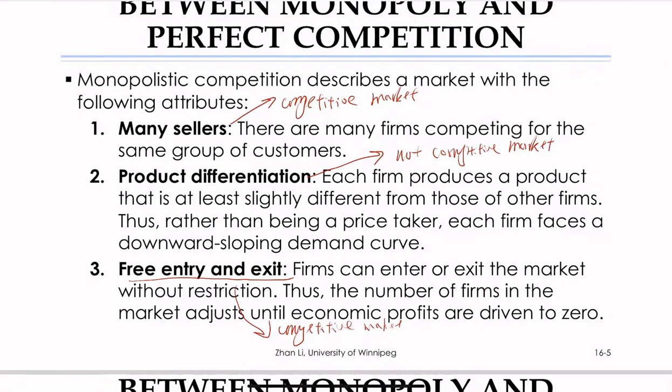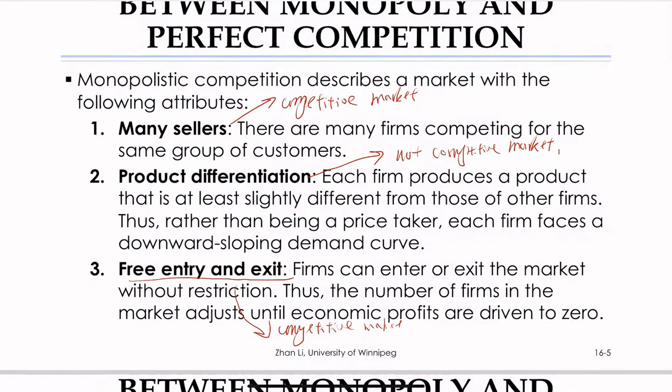In fact, with product differentiation, these firms will actually have some market power, right? Because its product has some kind of uniqueness. So this will give the firm some kind of monopolistic power.